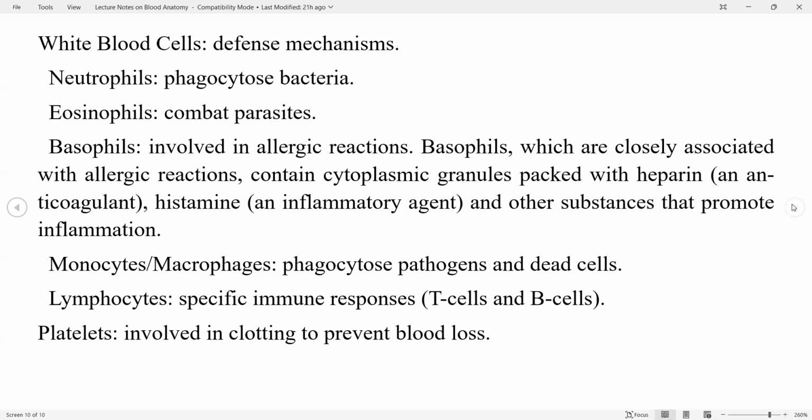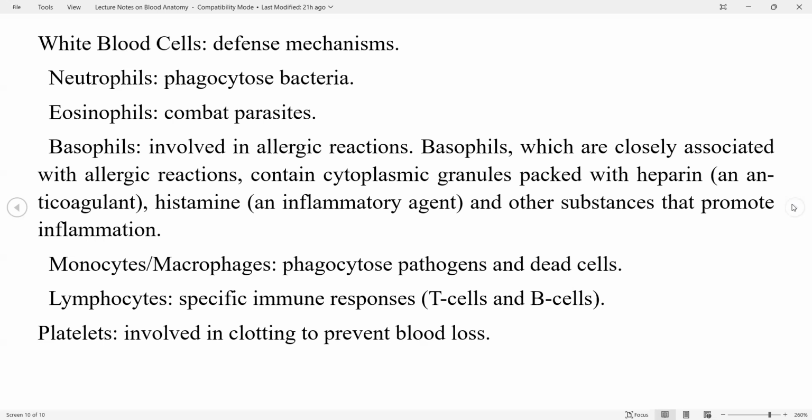And this is because they contain cytoplasmic granules. These cytoplasmic granules are packed with heparin. Heparin is an anticoagulant. The cytoplasmic granules are also packed with histamine and other substances that promote inflammation.